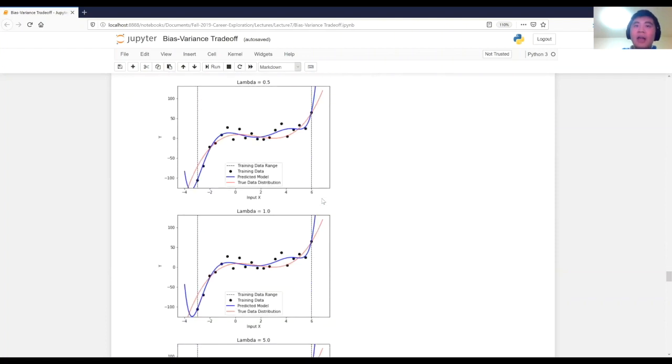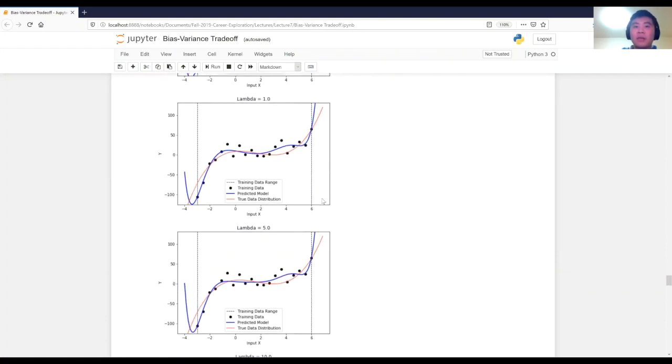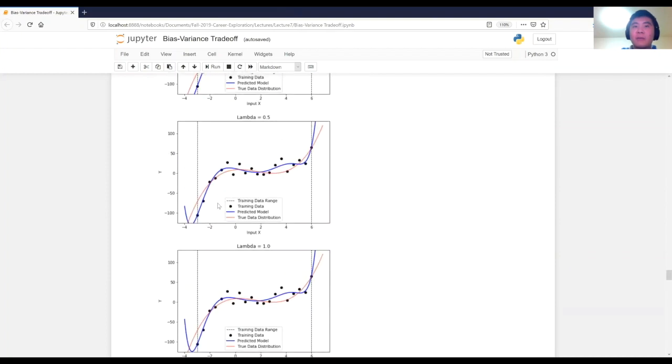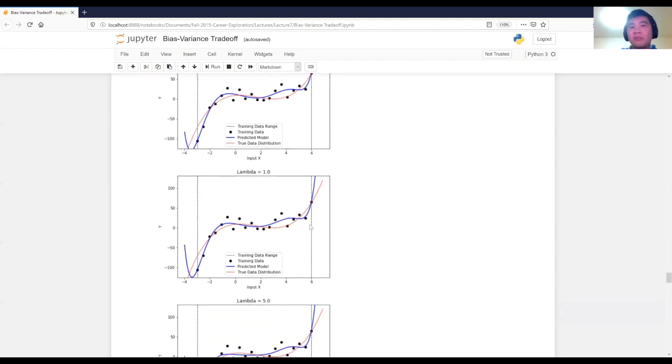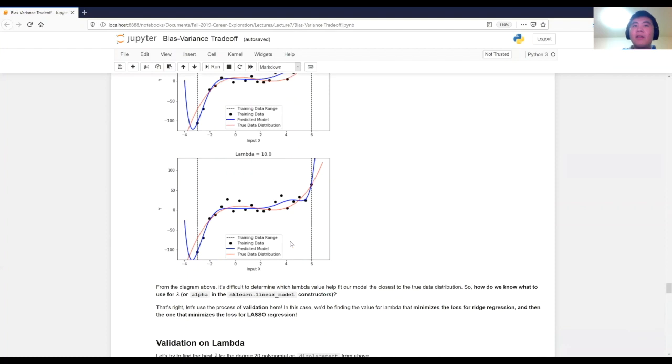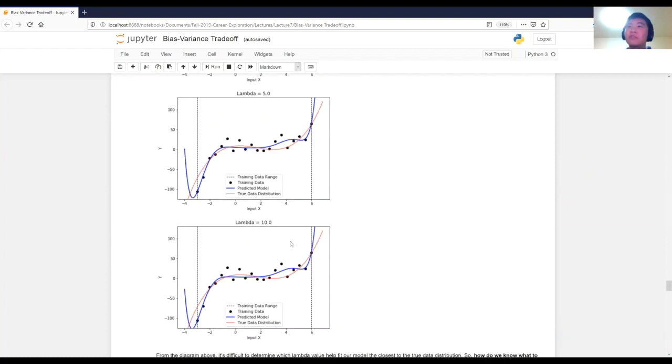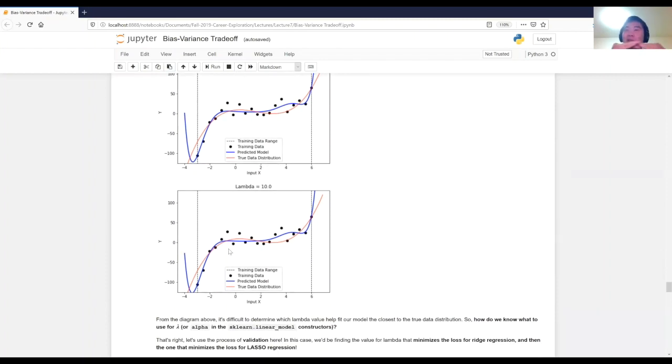Once we get higher values of lambda, we get something that begins to replicate the smoothness of this curve, right? And then it becomes smoother and smoother, which is what we want. But then eventually we get a flat line once we make lambda too big. If we look at this part of the data right here, we get something that is too flat. And eventually we get something that is completely flat and actually goes the other way. It goes up instead of down.